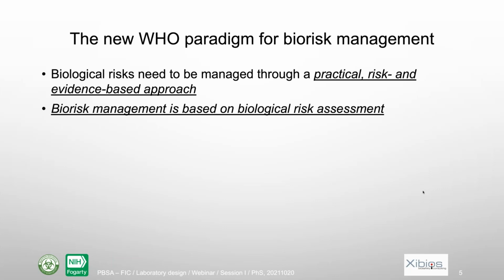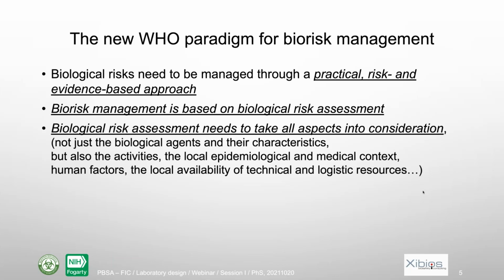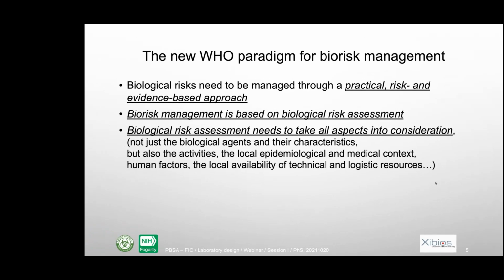Then the basis for biorisk management is biological risk assessment. You cannot control risk properly if you don't know the nature and the importance of the risk. And that biological risk assessment needs to involve a number of different aspects. Of course, the biological agent and its main characteristics, but also the activities.